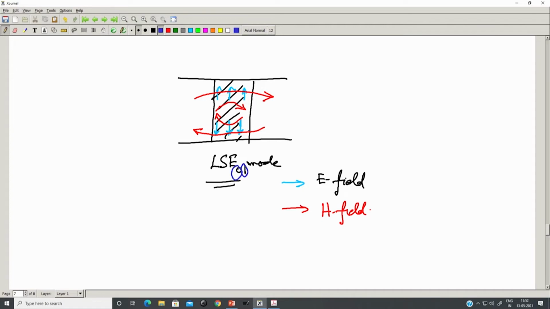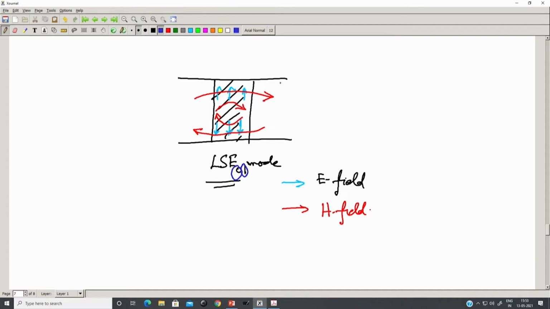So, the low loss nature of the NRD in the most often used mode, which is the LSM mode, is fundamentally due to the field profiles of its modes. There are two important conditions for the low loss nature. One is the field profile of its modes, and number two, the distance between the ground planes being less than half of the free space wavelength.